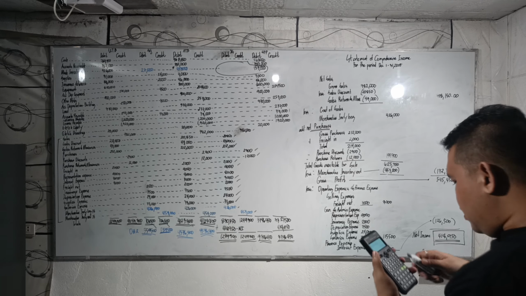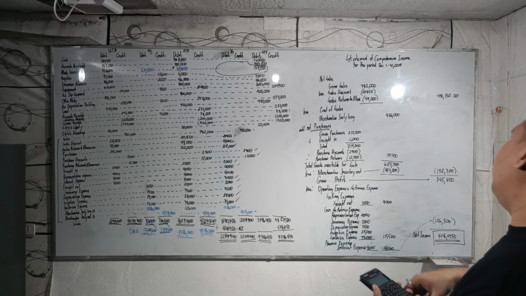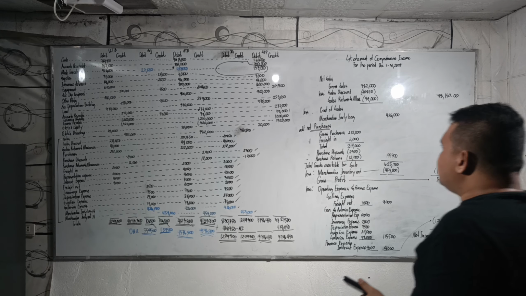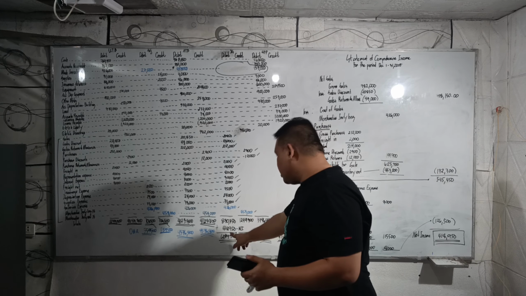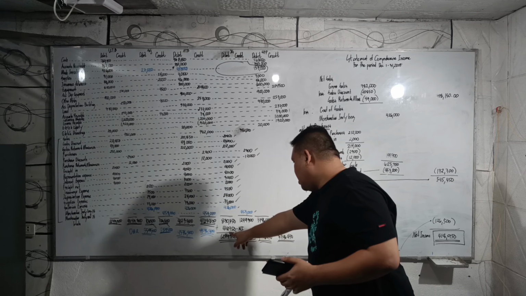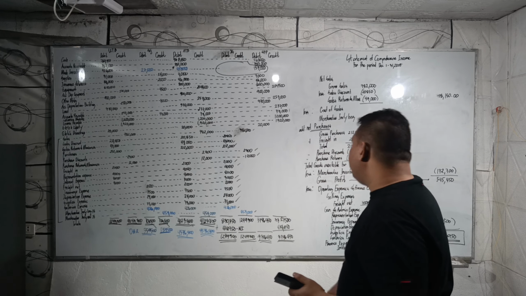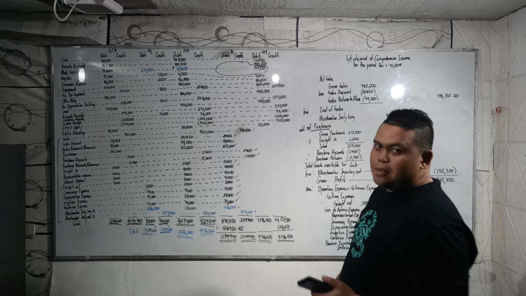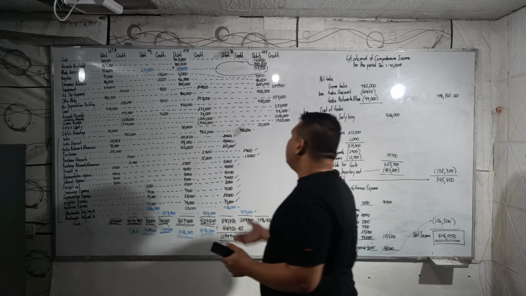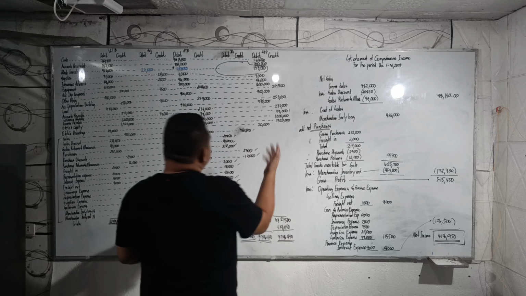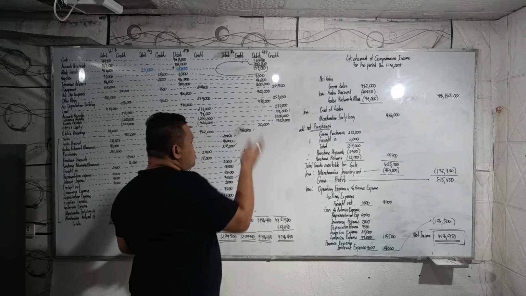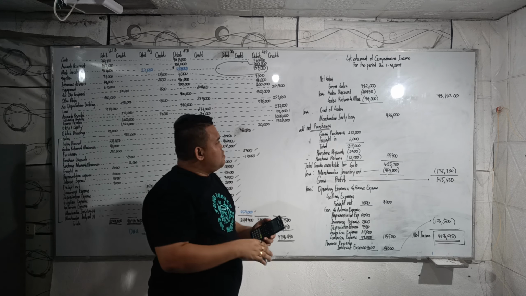Now, how do we know if it is correct? Of course, that particular amount should coincide with your worksheet. So you can see here we have 489.50 as the difference in the income statement and the statement of financial position, debits and credits columns. Then you got it right.